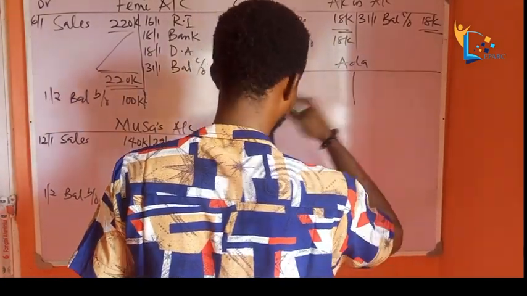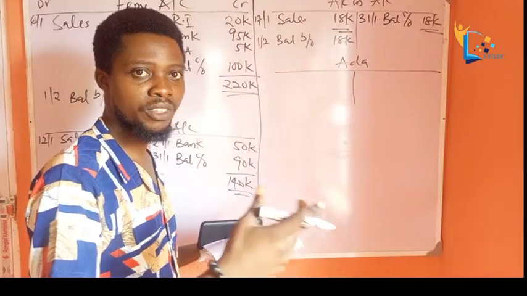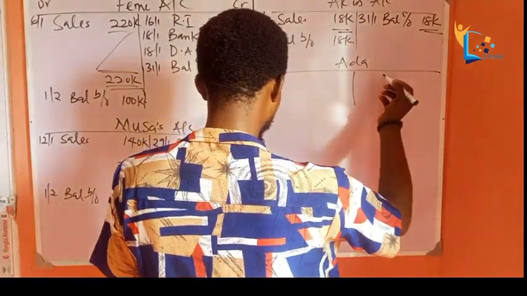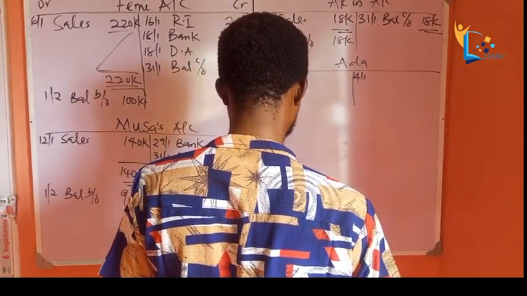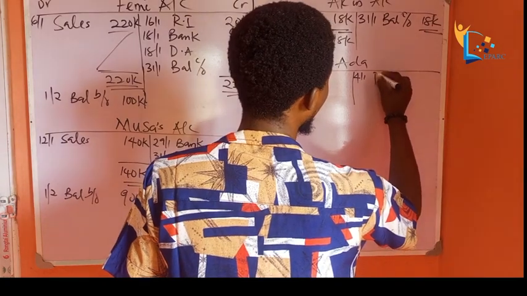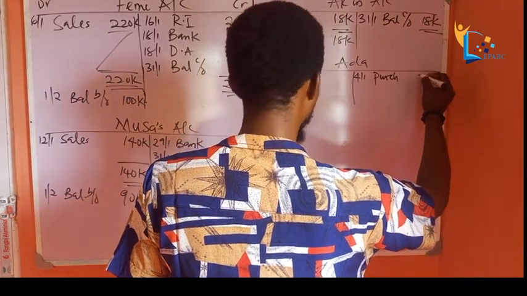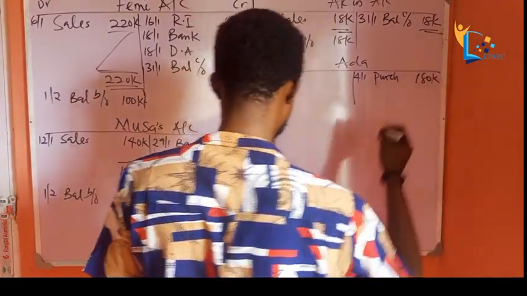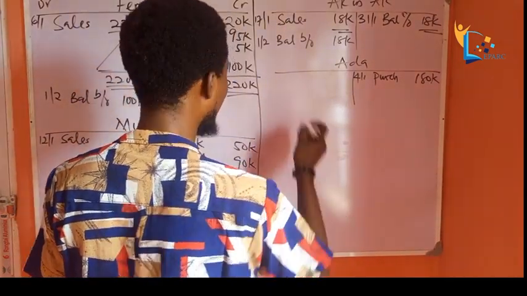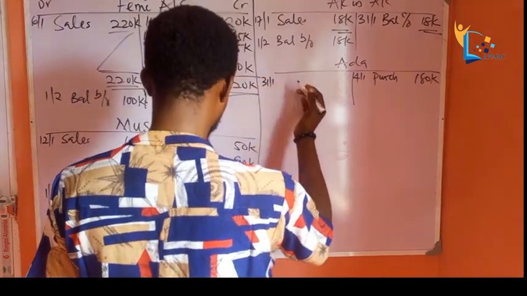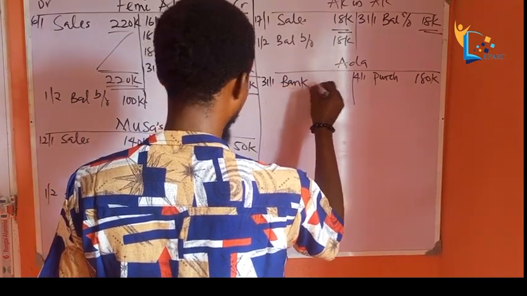Okay, so who is Ada to us? Ada is somebody we buy from. She's our supplier. Okay, so on the 4th of January, we purchase goods worth how much? Worth 180K. Then on the 31st of January, yes, we paid her by check.